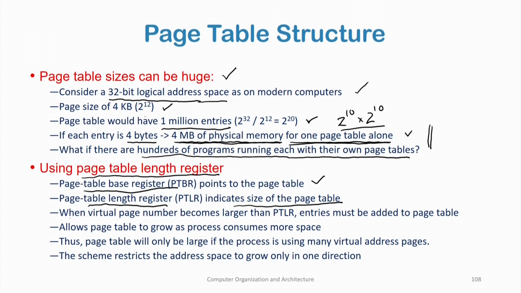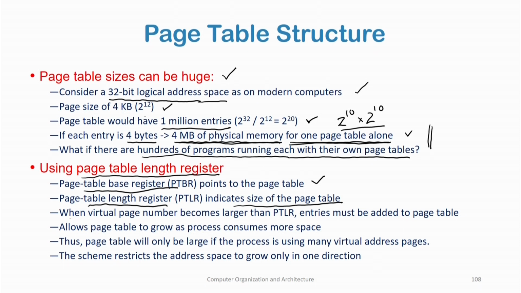Now, the virtual memory of a process can grow with time. As more and more data, as it calls more procedures, as it requires more dynamically allocated memory, the size of the virtual memory will grow. Initially the virtual memory of the process will be smaller, and then as time passes its virtual address space will grow.